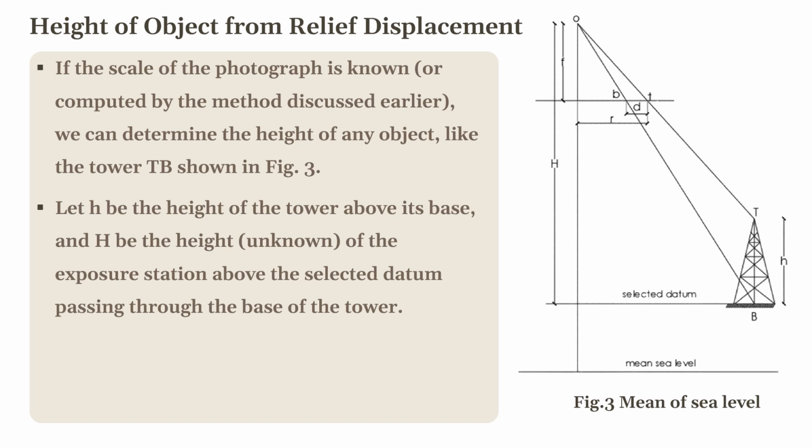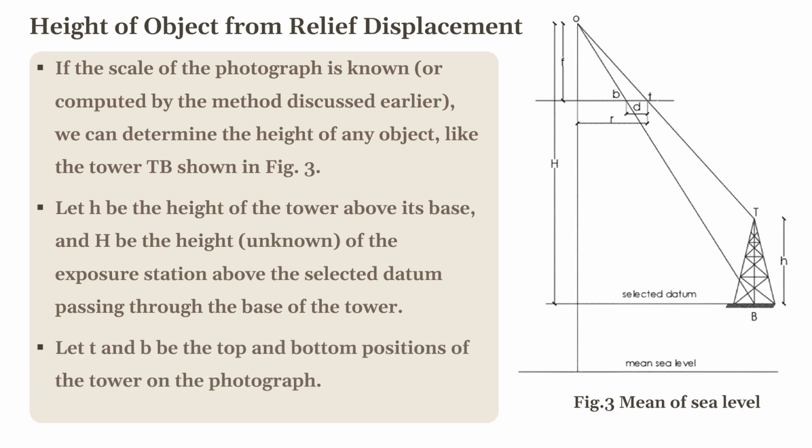Take small h as the height of the tower above its base, and capital H as the height of the exposure station above the selected datum that passes through the base of the tower. T and B are the positions of the top and bottom of the tower on the photograph respectively, and the horizontal distance between them is small d. With this information, we can calculate the height of the tower using the scale of the photograph and the relief displacement. Let us do this step by step.